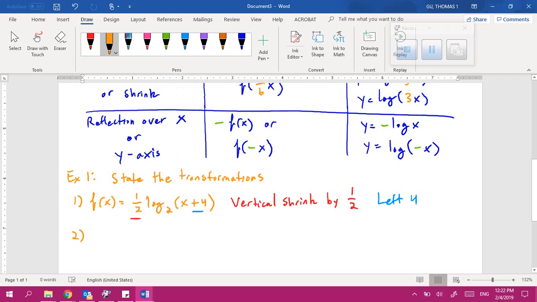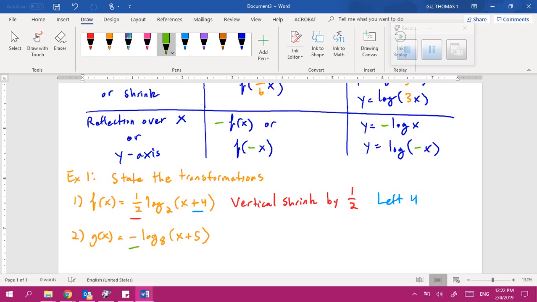Second one, g of x, just for fun. g of x equals negative log base 8 of x plus 5. So who wants to give the first transformation here? Jaime.